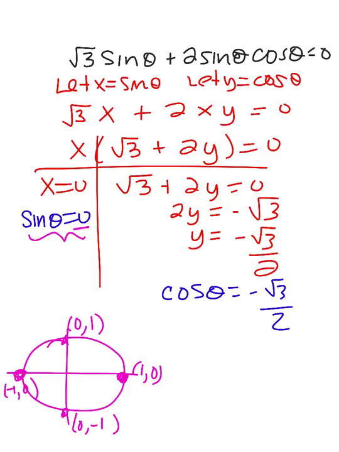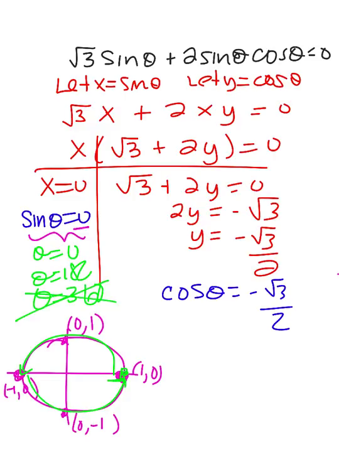So that would be here at 0 degrees. So theta equals 0 degrees. Over here at 180. And then it would be back around to 360, but we're going to cross off 360 because of the interval. Notice the interval was 0 is less than or equal to theta is less than 360. It does not include 360, so we can't have 360 in there.